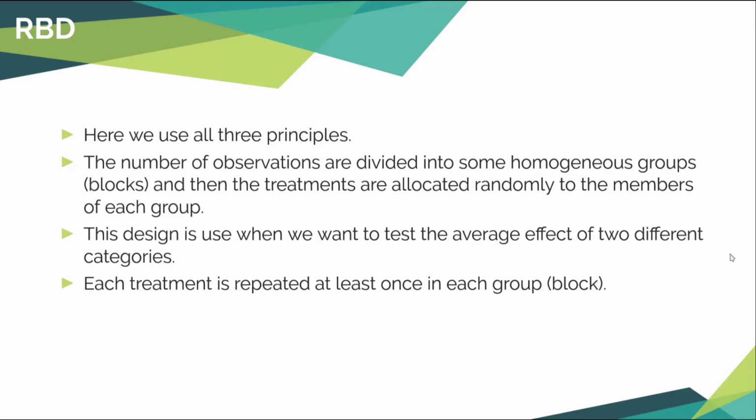The next design is RBD, or randomized block design. So there is a word called block in the name. Here we construct blocks to make our experimental space homogeneous, right?